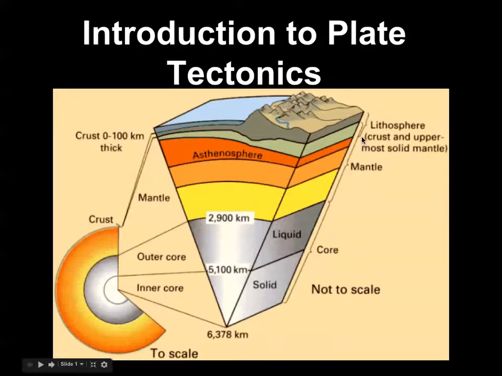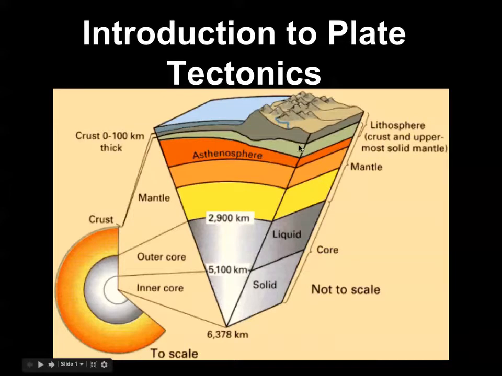Above and including part of the mantle is the lithosphere. The lithosphere is the outer crusty part of the Earth. And it's made up of the crust, which is the outermost piece, and the uppermost part of the solid mantle.